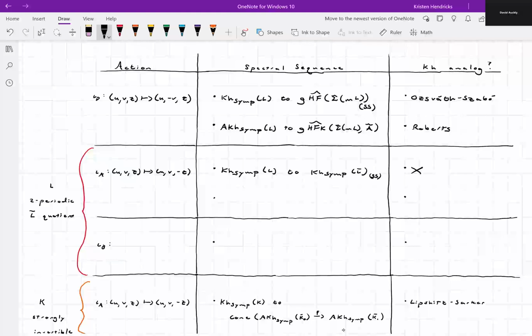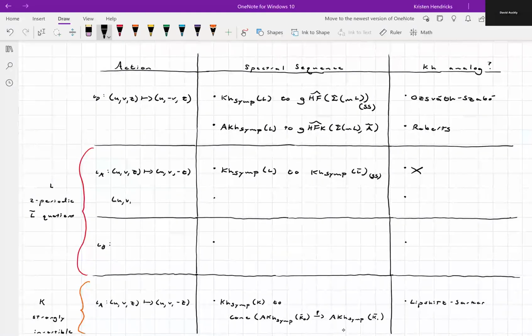So let's fill in those two things I just mentioned here. I mentioned that if you use the same action as before, then you get maybe the thing you might have expected. You go from AKH symp of L to AKH symp of L part. There is an analog of this on the combinatorial side. It's maybe due to Melissa Jump.